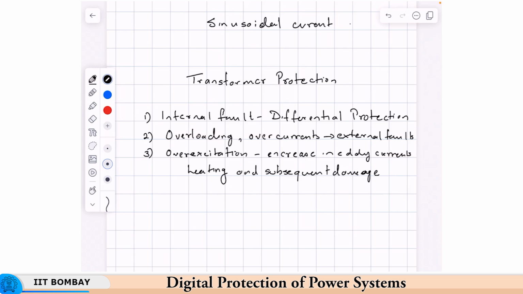Now, the most important part. The smaller transformers of course can be protected by overcurrent relaying itself, but above a certain size of transformer, usually about 10 MVA in most networks, differential protection is also provided.